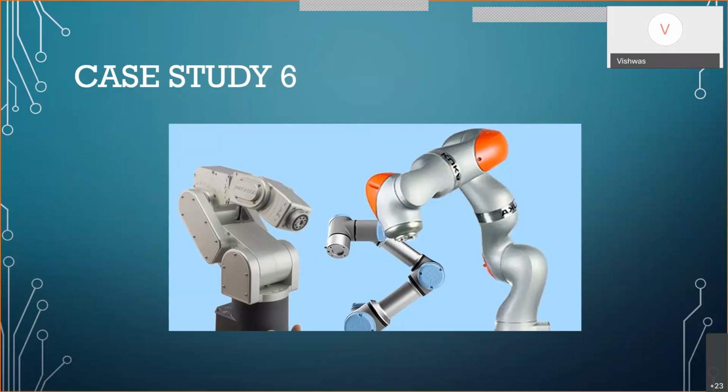Currently the components are getting so small that if you are using these kinds of industrial robots, you need a precision level of let's say 1 millimeter in order to perfectly solder that particular component. If you move a little bit away, it might damage other components also. So basically the precision is the key here.